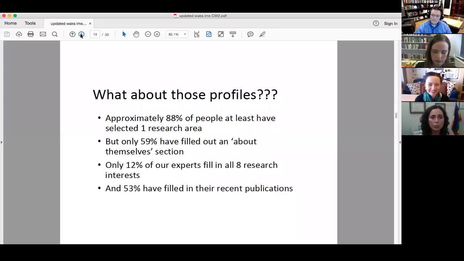So we want to encourage folks to check their profiles, see if they've actually filled it out completely, and keep them updated. If you get a journal acceptance, if you get a book published, please come back to Women Also Know Stuff and update your profile, or maybe tell us about some recent media that you've had, so folks can see what you've been doing, what you're up to.